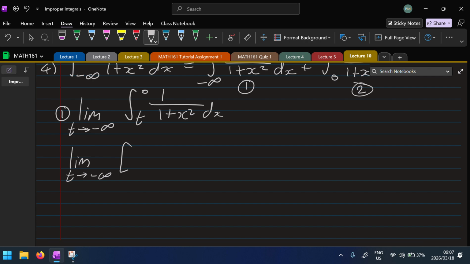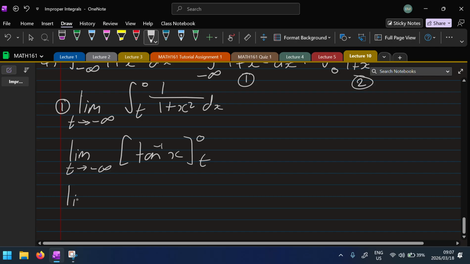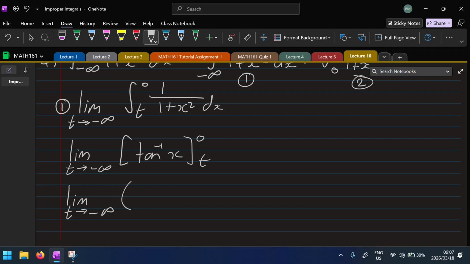Okay, integral of 1 over 1 plus x squared, arctan. Okay, 0 and t. So this will be the limit, t goes to minus infinity, arctan at 0.